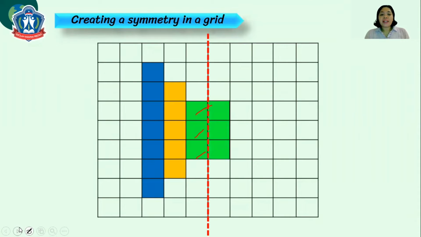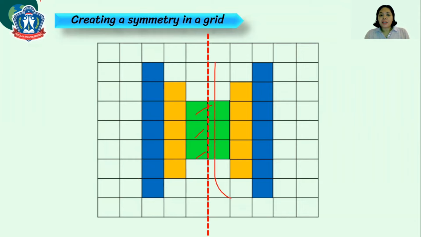Yes. Next are the gold squares. It has 5 gold squares, and the next 7 blue squares. So this part here is the mirror image of the original on the left side.